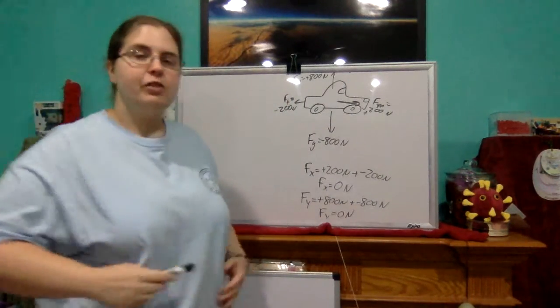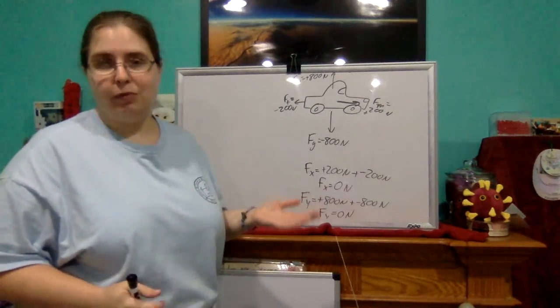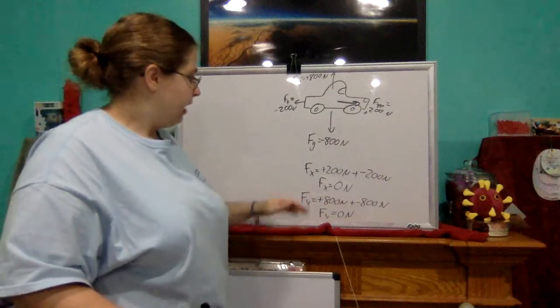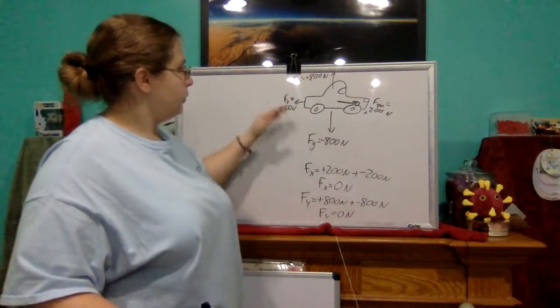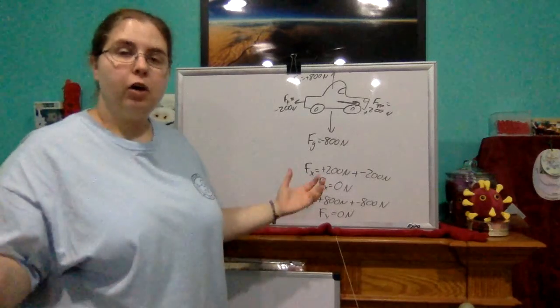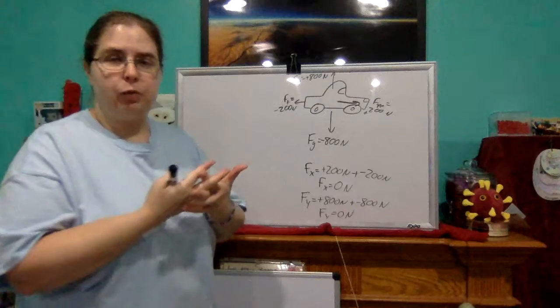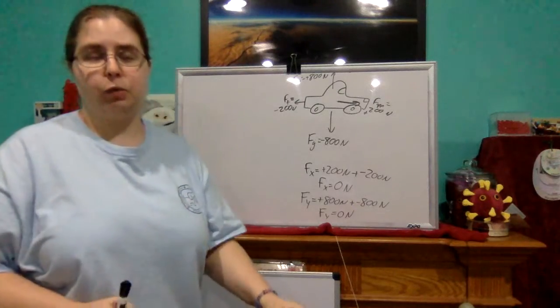So overall, there's no net force acting on this car, which means it's moving at a constant velocity. Even though there are forces going in 4 different directions, up, down, left, right, they all still balance out to 0. So that's what we mean when we say an object is in equilibrium.